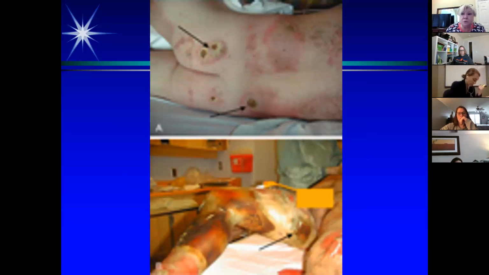A partial thickness will. Now, if it's a very, very small full thickness, these are too big, but if it's really tiny, let's say as small as maybe half a pad of a finger, it might granulate in. It'll cause a scar, but it might heal around it and leave a scar.